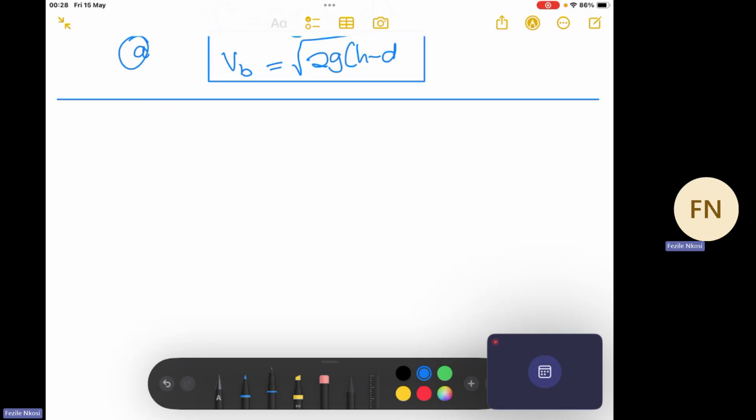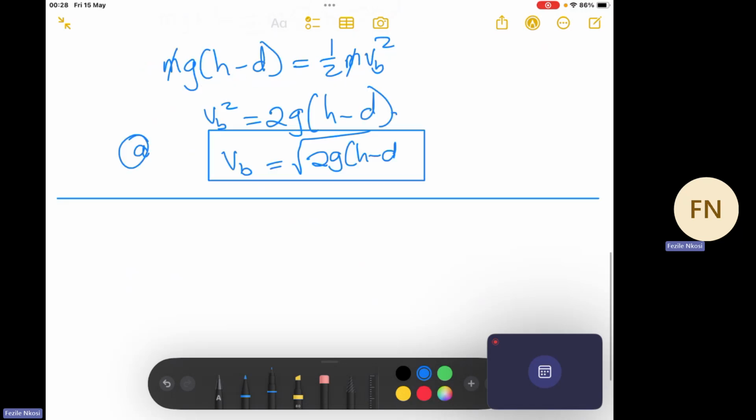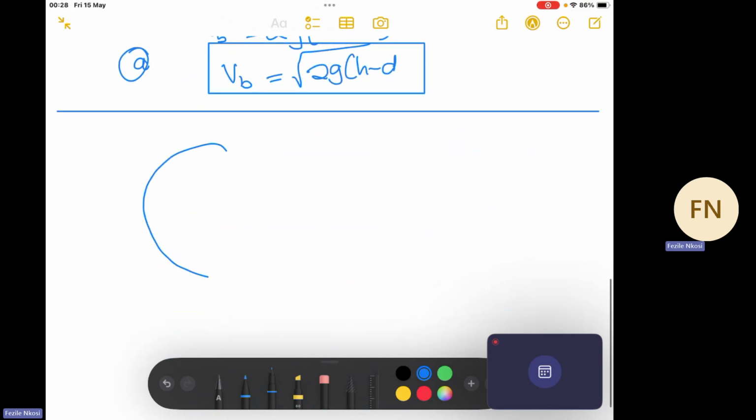So centripetal acceleration has to point upwards. So let's say the car is here. Then this is your center. Now your centripetal acceleration will be pointing like that, exactly, which is upward.